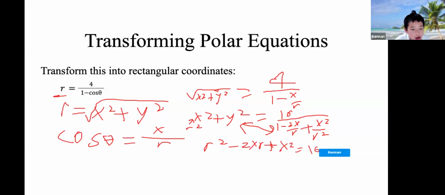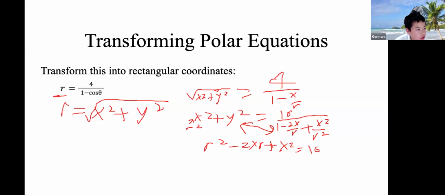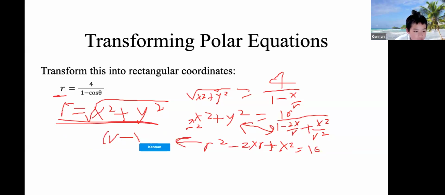Okay, actually, I'll erase this part. But still note that r equals root x squared plus y squared. So note this means that r minus x squared equals 4. Wait, no, sorry. Hold on. r squared.